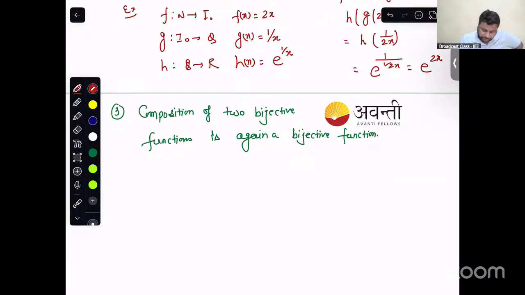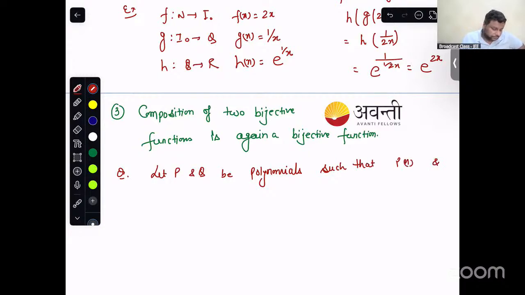Write down a question. Let P and Q be polynomials such that P(Q(x)) and Q(P(x)) have the same degree.